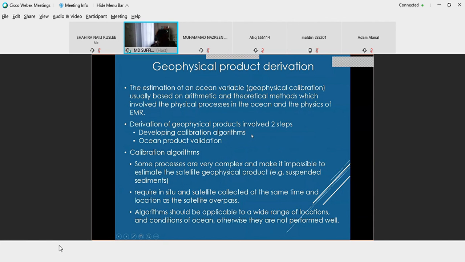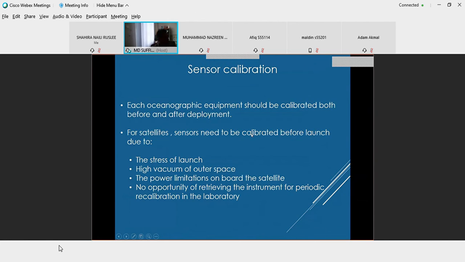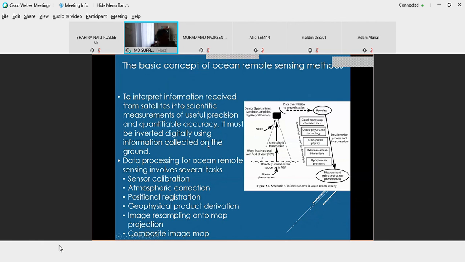So any questions? The most important thing is that you know the important steps for the image processing method: sensor calibration, atmospheric correction, geometric correction, geophysical product, and resampling. Sometimes if the image is distorted we do resampling; if the image is okay, we do not need resampling.